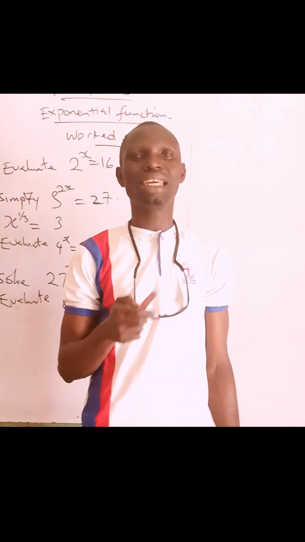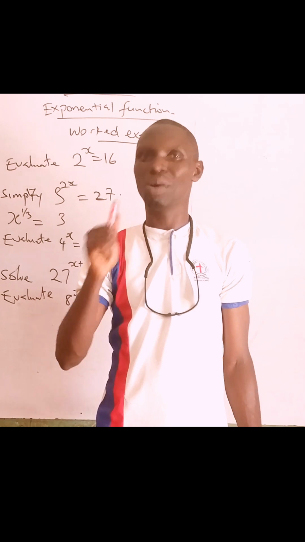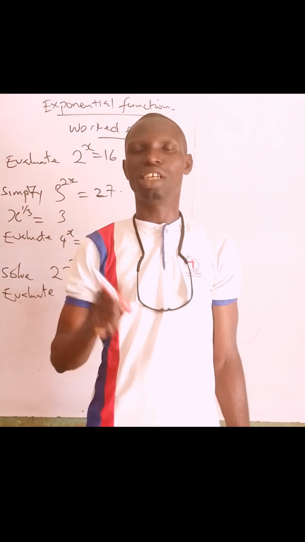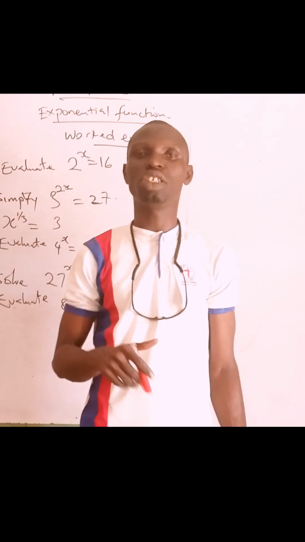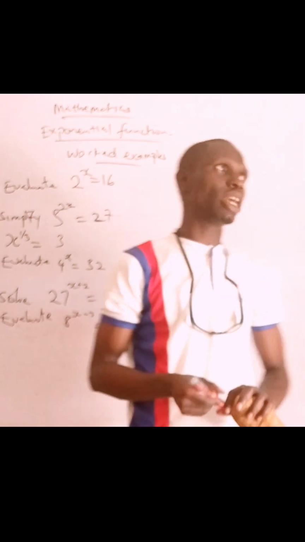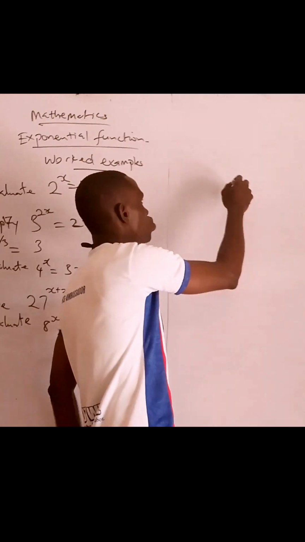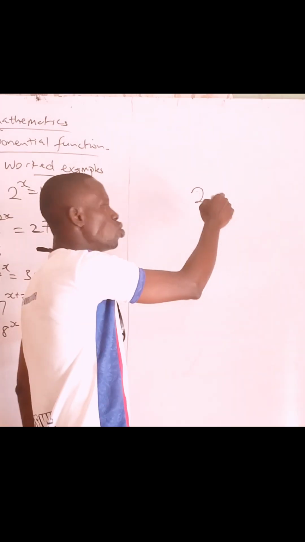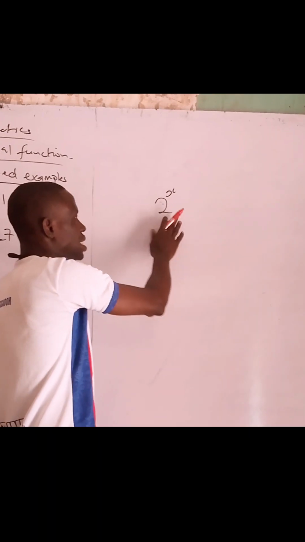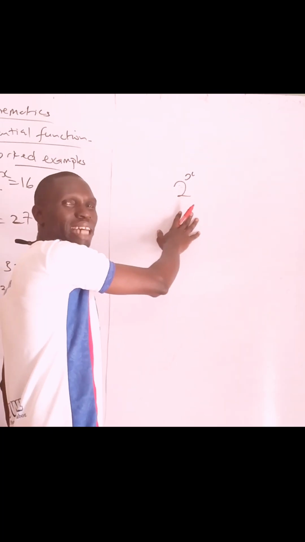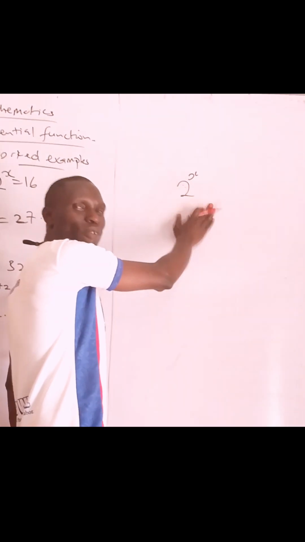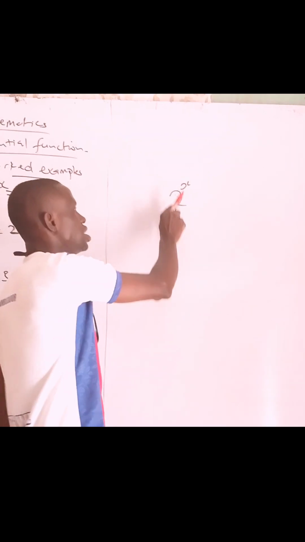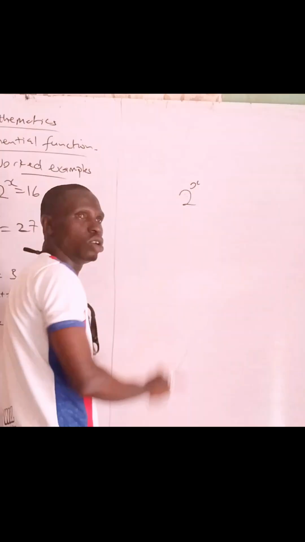So when an index has an unknown power, such an index is said to be an exponential function. Take for instance, when you have 2 to the power of unknown x, this type of indices we call an exponential function because it is raised to the power of unknown.